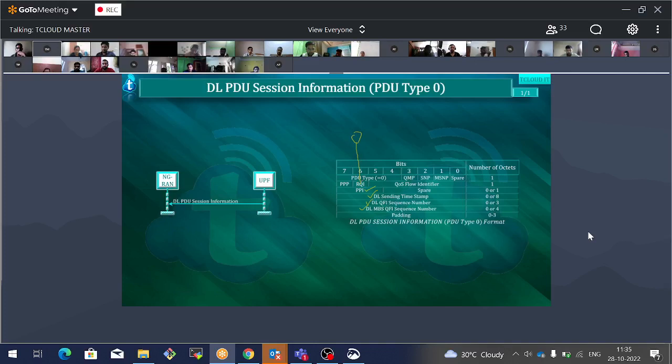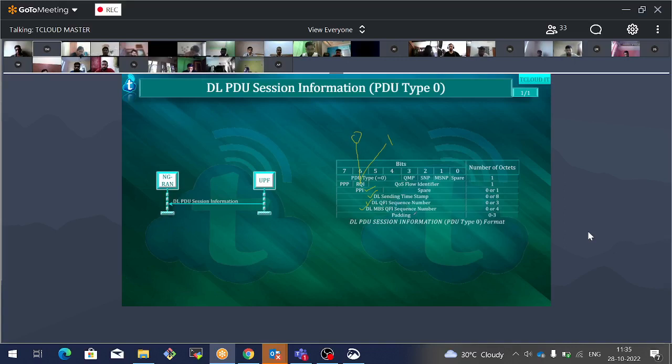But if it is set to 1, definitely SMF would have asked the UPF to set it to 1, UPF is setting it, and this information will go all the way to the mobile, and the mobile detects that it needs to apply reflective quality of service. So whatever the data rate and whatever the properties that you are using in downlink, the same properties would be applicable in uplink. That is the meaning of the RQI bit.